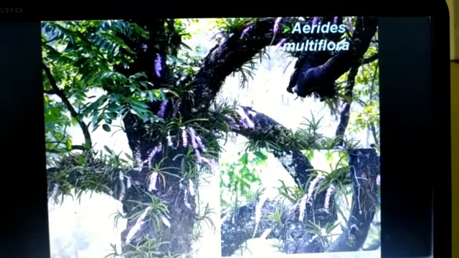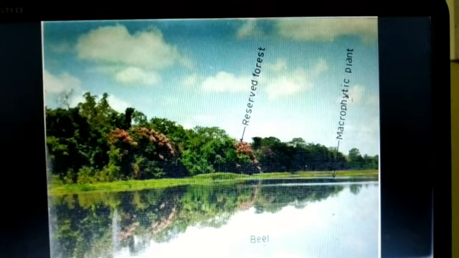I am doing various types of work here. The flora and fauna here are very important. See how beautiful its bank line is.